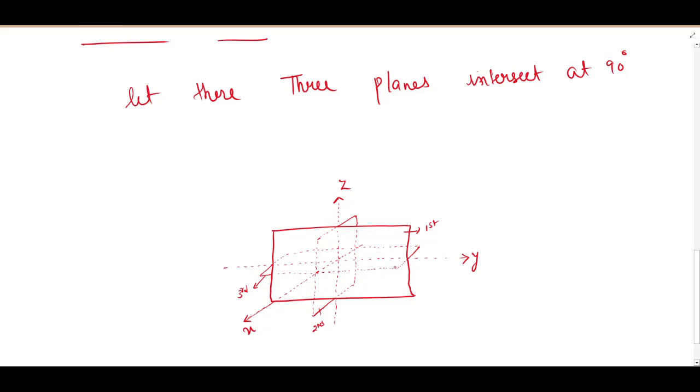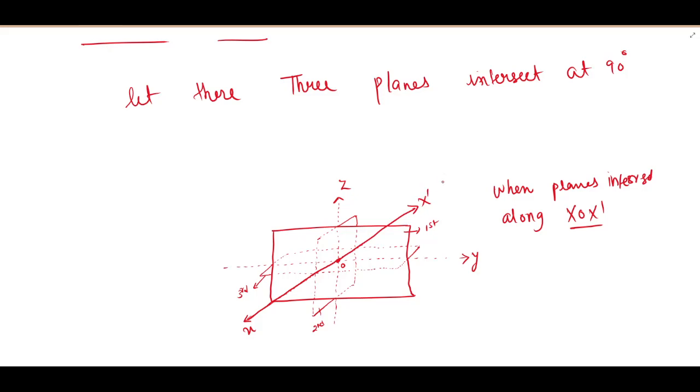When these planes intersect, let this point be O. Along x dash we have x, this is O, and this is x dash.